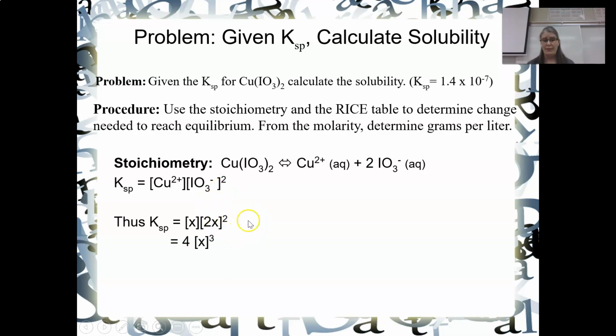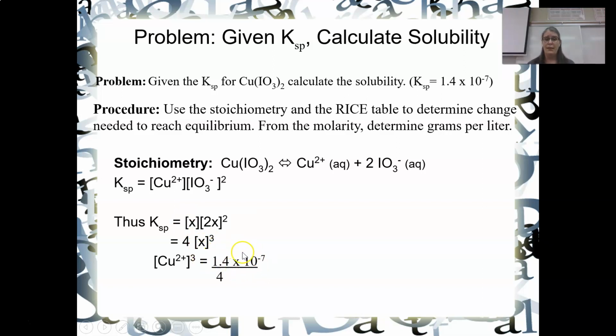So that would be 4X cubed if I simplify it. Please don't forget that if it is 2X squared, I have to square the 2 and the X. It's not 2X squared, it's 4X squared. Times the extra X here gets me 4X cubed.